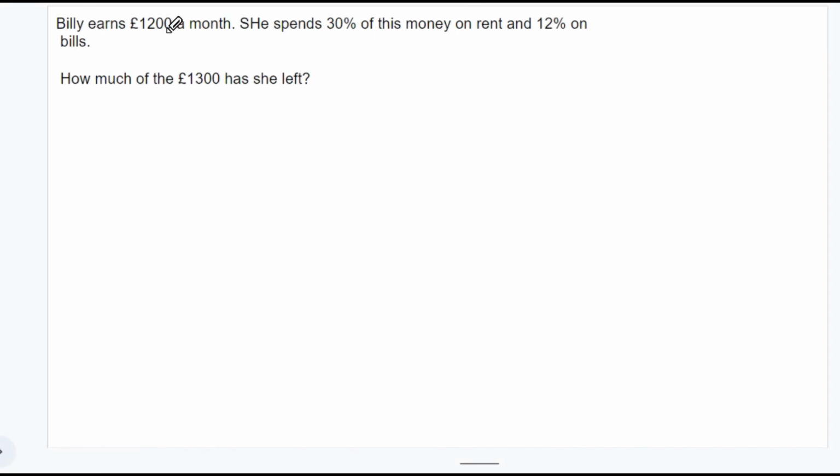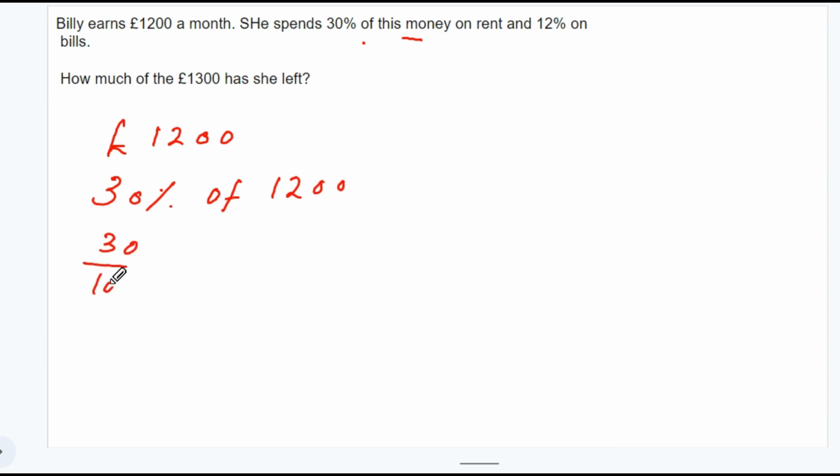So look at this question now. Billy earns 1200 a month, right? She spends 30% of this money. The other way of finding a percentage, as I told you in the last lesson, is that 30% of something means 30 out of 100 times 1200, right?